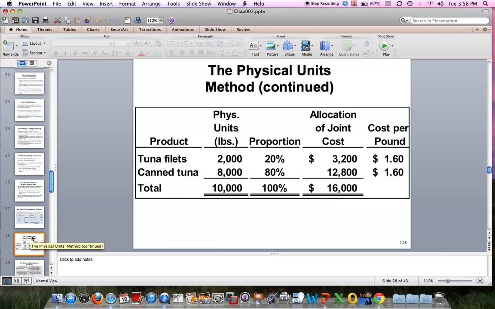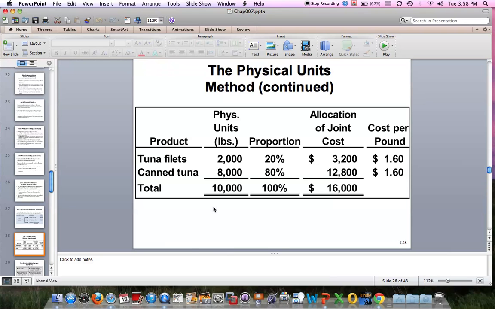So if we're going to use the physical units method, which is by far the easiest of the three, we're going to make it simple. We've got 14,000 pounds of tuna that turns into 10,000 pounds of products we can sell. Tuna fillets are 2,000 pounds, canned tuna is 8,000 pounds, total 10,000.